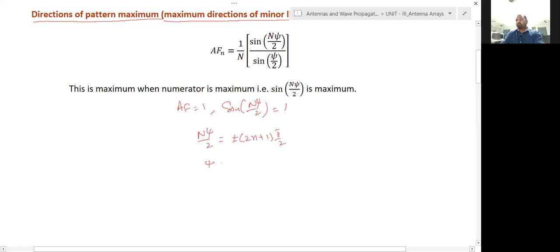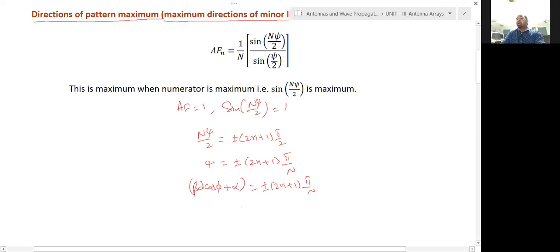Therefore psi is equal to plus or minus 2n plus 1 pi by n. Now what is psi? Beta d cos phi plus alpha, and this is equal to plus or minus 2n plus 1 pi by n.